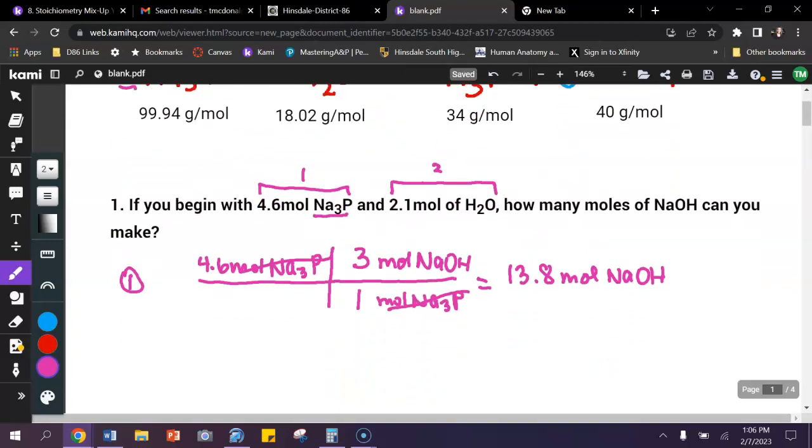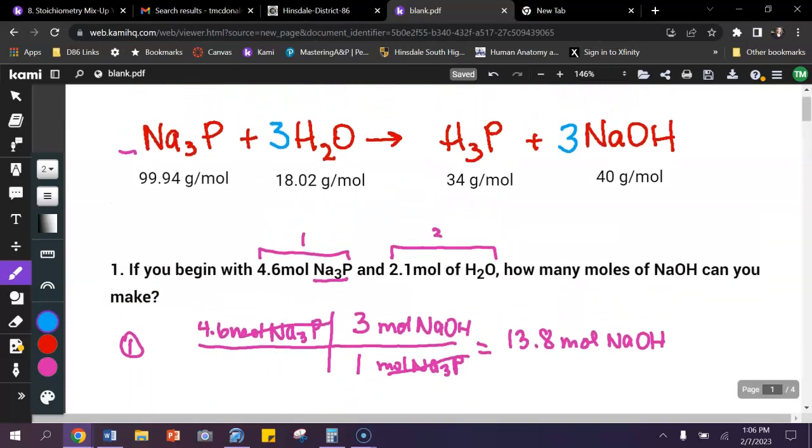So now I need to do my second mole-mole problem, which I'll do in a different color. So now I have 2.1 moles of water, and I want to know how much sodium hydroxide I can make with that amount. So again, demote my unit, use my coefficient from the equation, which is 3.